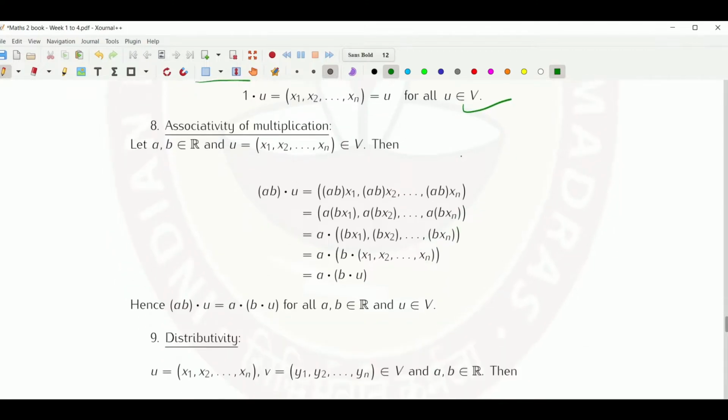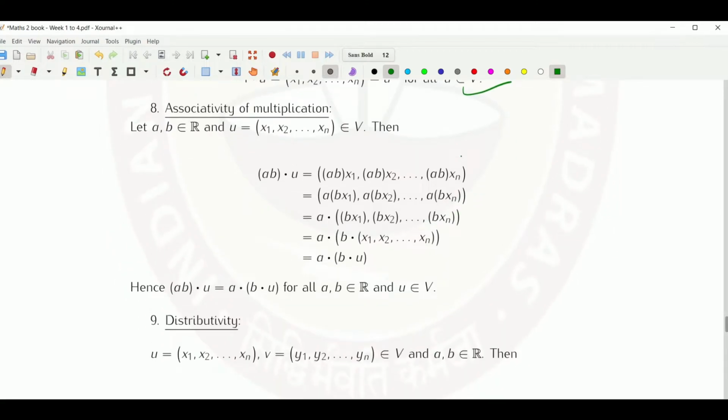Associativity of multiplication. Let a, b belongs to real numbers and u is equal to (x1, x2, ..., xn) belongs to V. Then ab dot u is equal to what? It will be (abx1, abx2, ..., abxn).